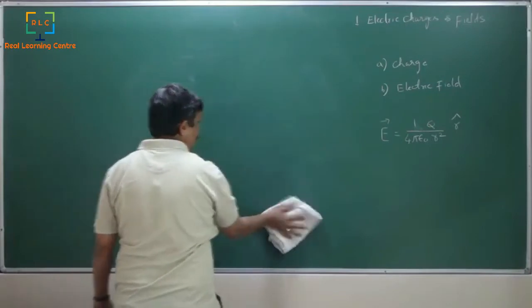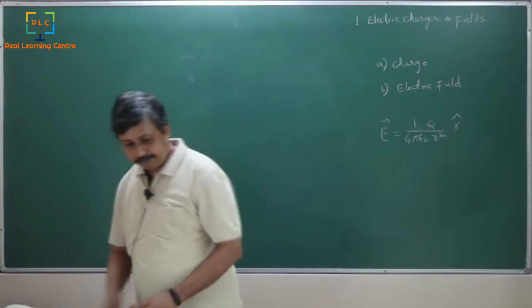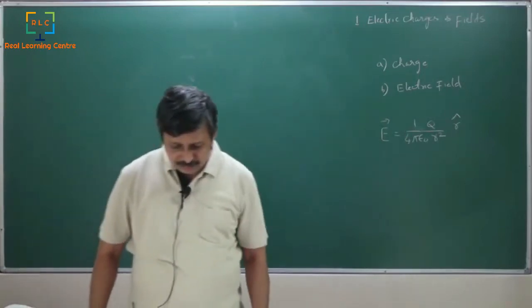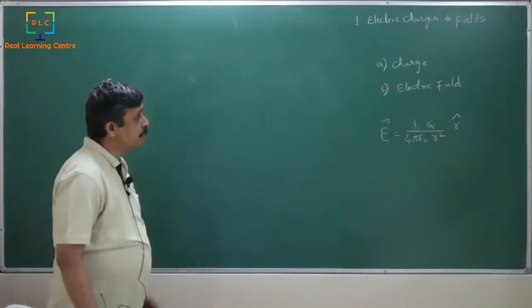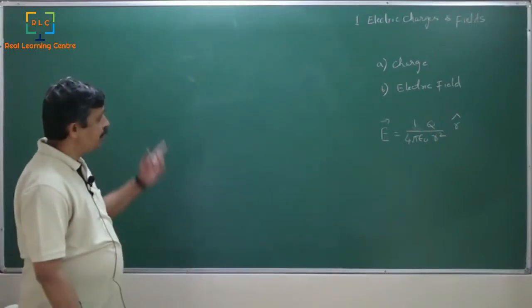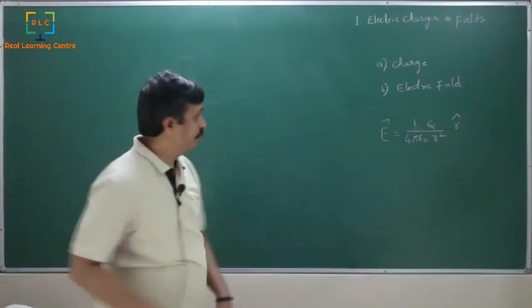So now let's move on to understanding the electric field better. Now we will move on to another concept. About the electric field lines, I also want to tell you that if you keep a single charge, we saw how the field lines look.